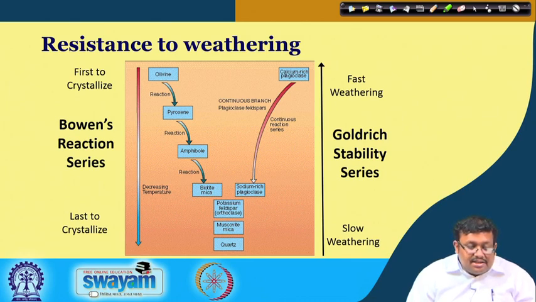Obviously, according to this series, we can say that quartz weathers very slowly, whereas calcium rich plagioclase feldspar as well as olivine weather very fast. So, when there are two different rocks of different composition, if we compare their Bowen's reaction series or Goldich stability series, it will be easy for us to predict which one will weather first.